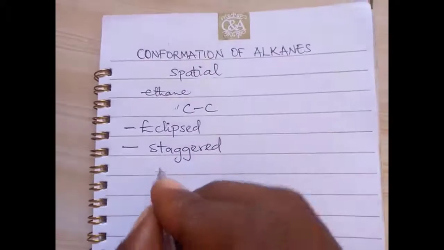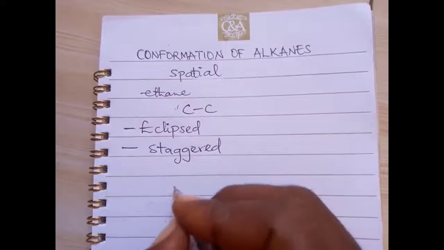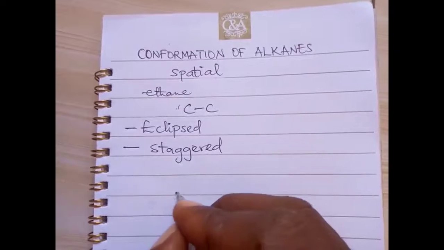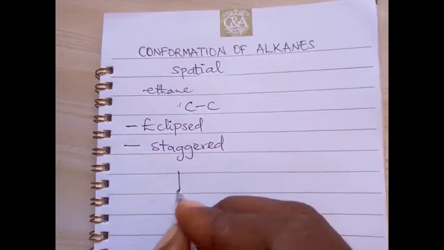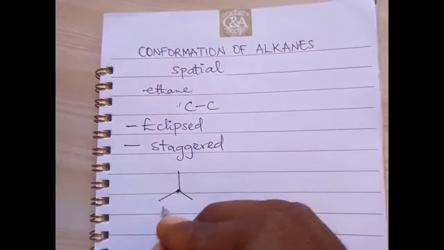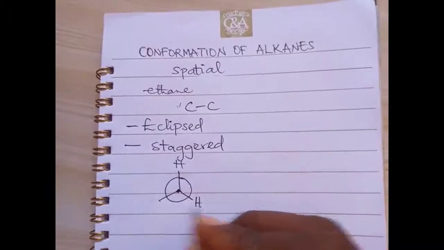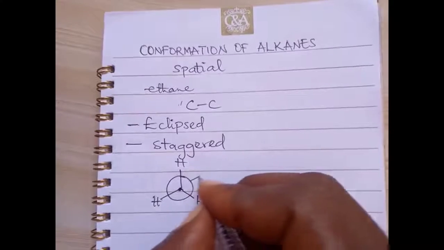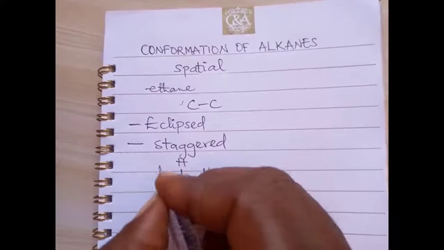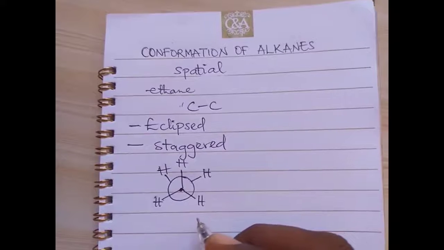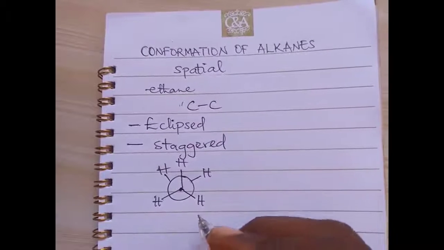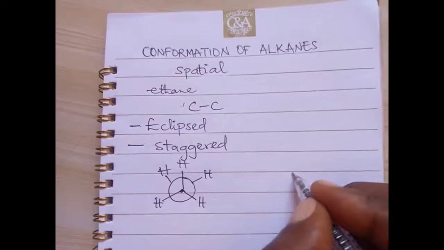Now, for staggered conformation, it goes like this. This is the staggered conformation. Now, we have the eclipsed on the other hand.